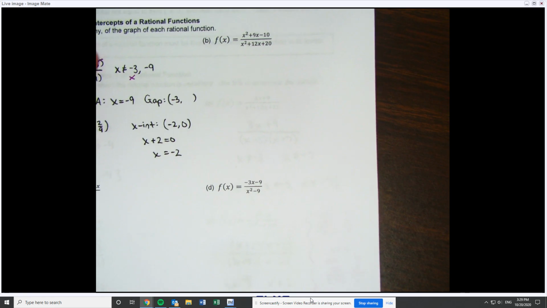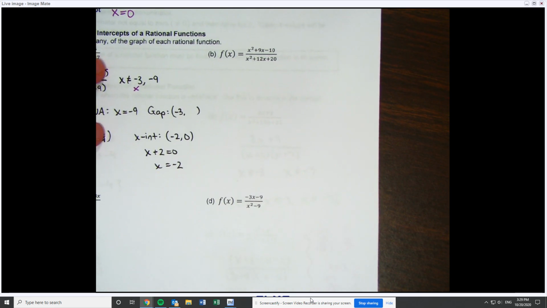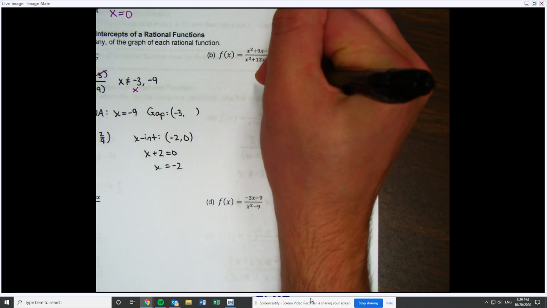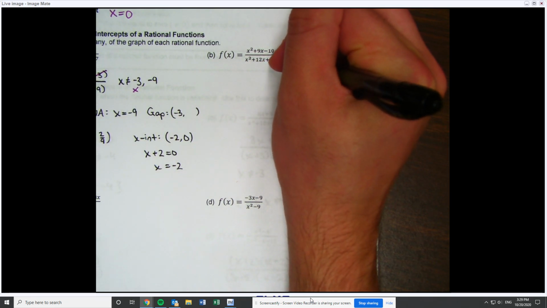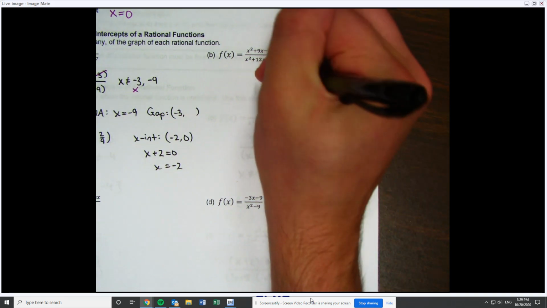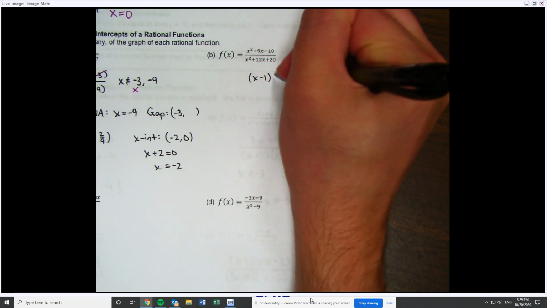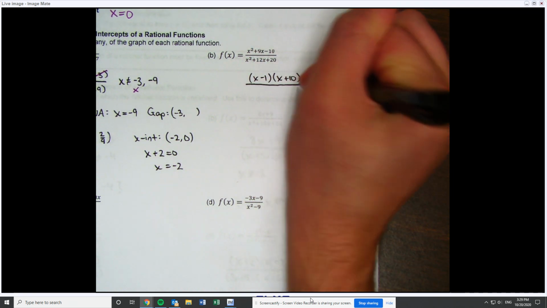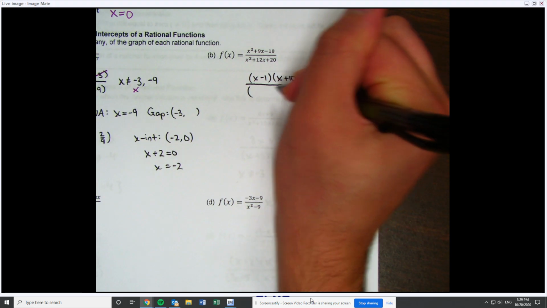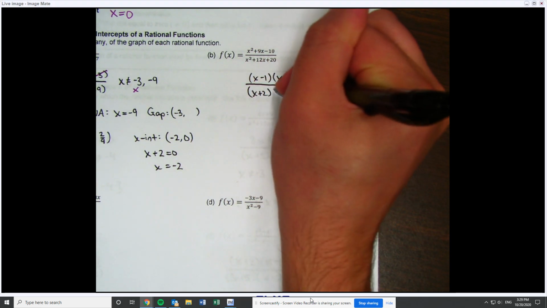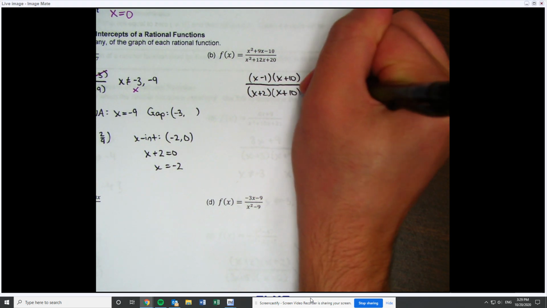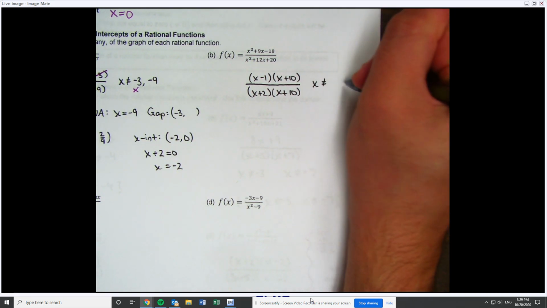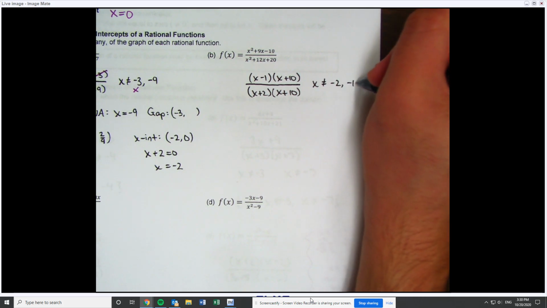All right, now I'm going to do B real quick. Looking at this one, I see that I can factor. So factoring this one, I have negative 1 and positive 10. So x minus 1, x plus 10, divided by, for the bottom, I see x plus 2, x plus 10. Got it. Now, as far as the numbers we can't equal, I know I can't be negative 2 or negative 10.